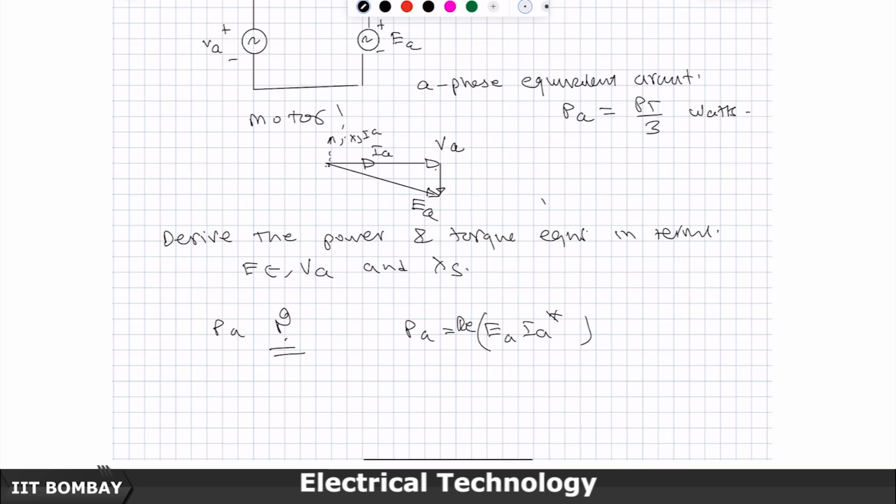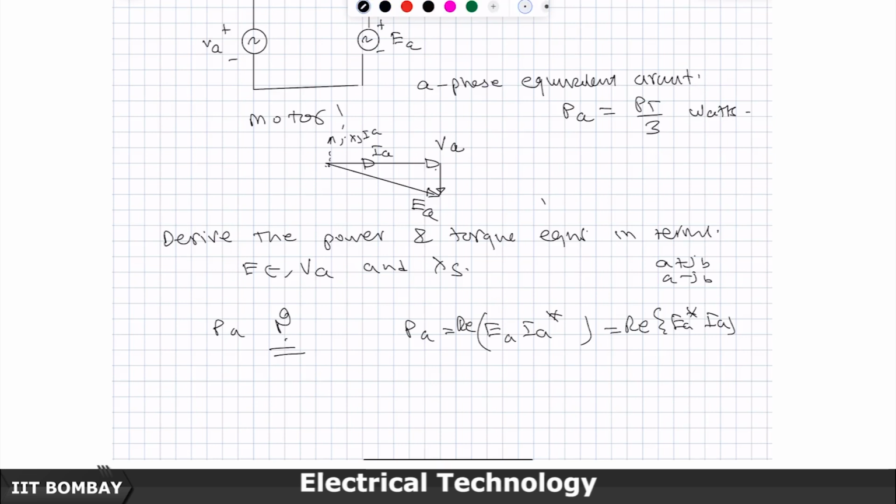That is nothing but P A, and it is also the same as the real part of E A star I A. Suppose E A I A star is A plus j B, you take the complex conjugate of it, that is E A star I A, that is going to be A minus j B. In either case the real part is still A only. So, therefore, P A can be written as the real part of E A I A star or the real part of E A star I A.